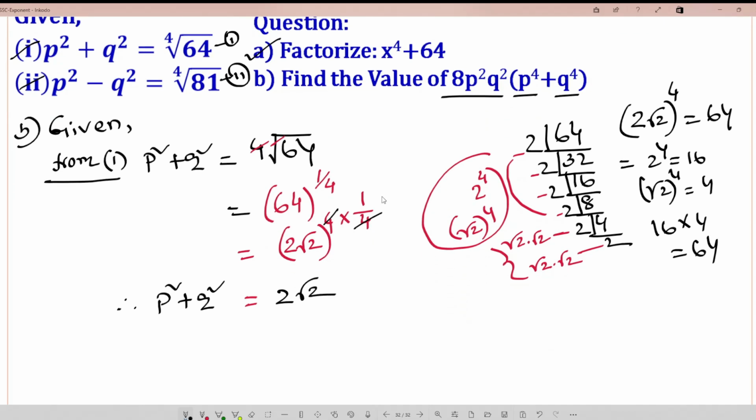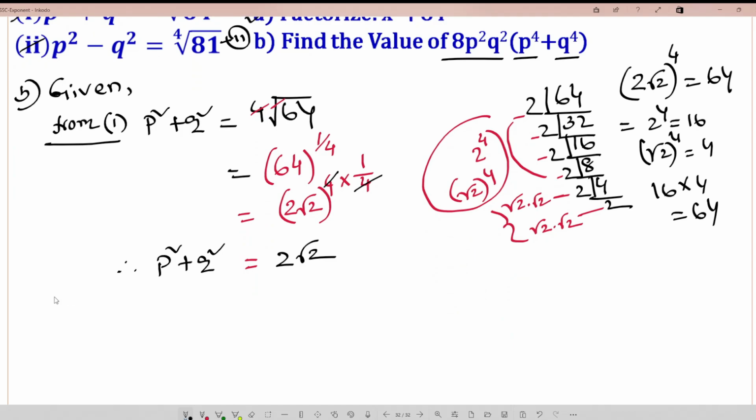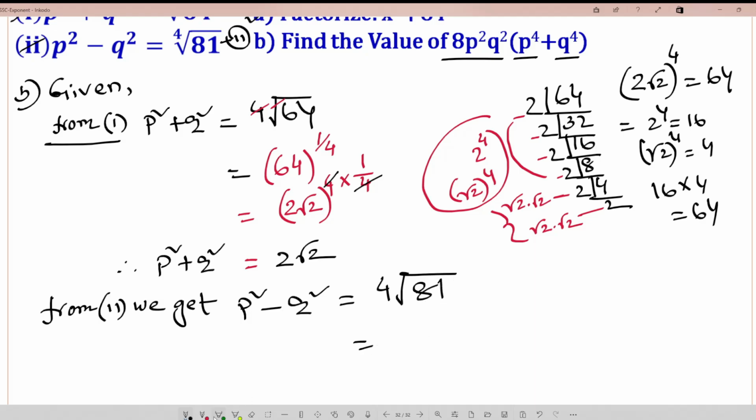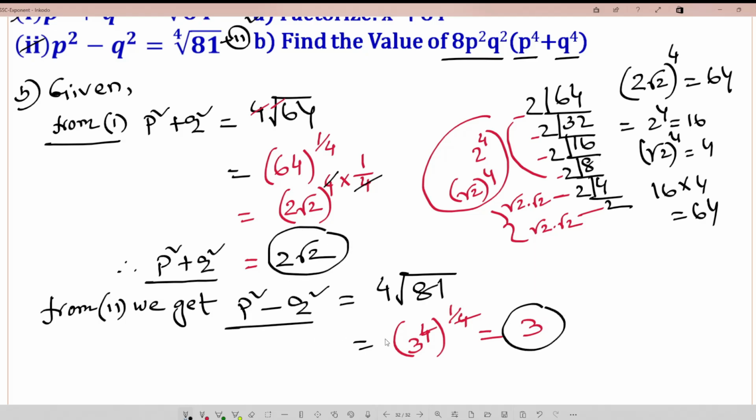From equation 2 we get p square minus q square equals 4th root of 81. Similarly, 3 to the power 4 means 81, to the power 1 by 4, so the 4 and the 4 cancel out, and the answer is 3. So we get two things: p square plus q square equals 2 root 2, and p square minus q square equals 3.